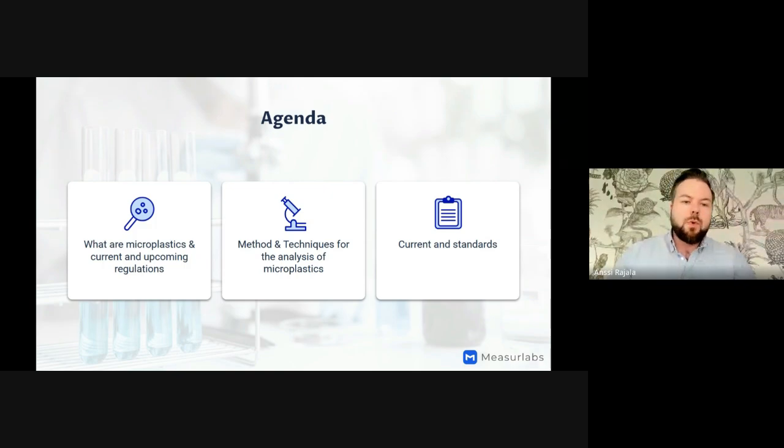Today's agenda includes topics on what microplastics are, including current and upcoming regulations. Then we move on to methods and techniques for the analysis of microplastics, and the current standard methods that are already available.